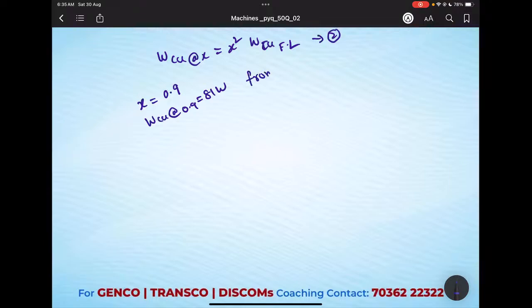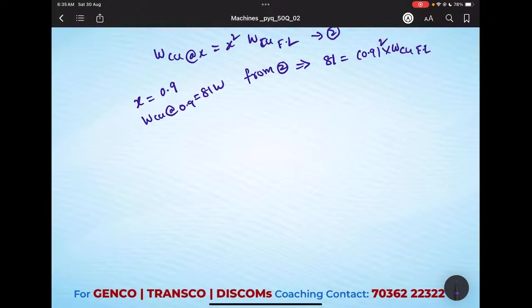From equation 2, 81 equals 0.9 squared into the copper losses at full load. So copper losses at full load equal 81 divided by 0.9 into 0.9. How much will you get? You will get 100 watts. Therefore, the full load copper loss is 100 watts.